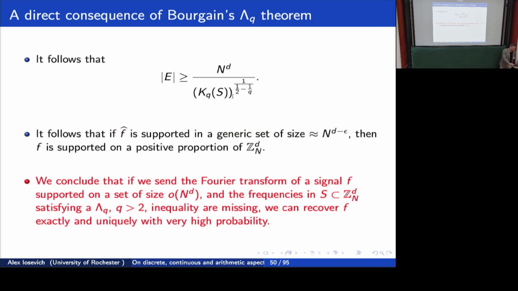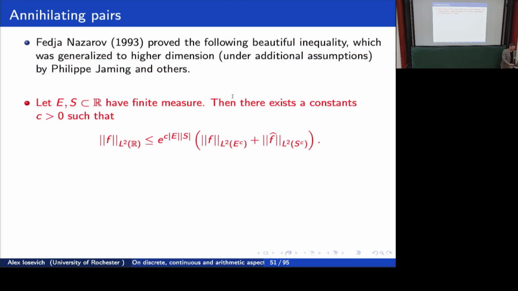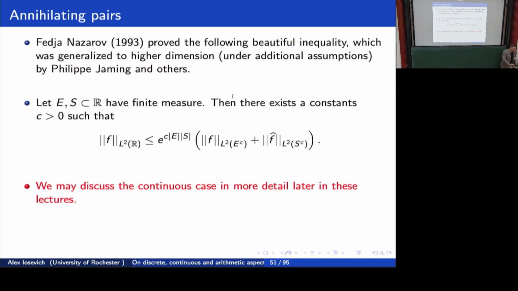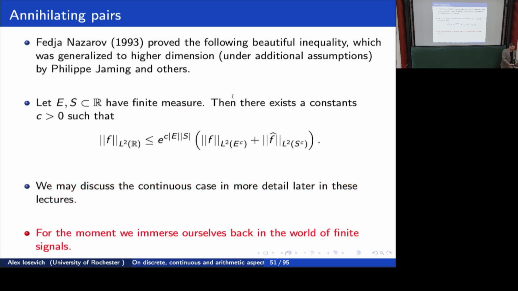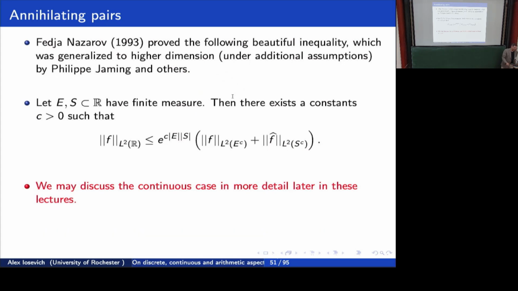Okay. All right. Another set of results that we started going over, and this is what most of today's lecture is going to be about, are the annihilating pairs inequalities.